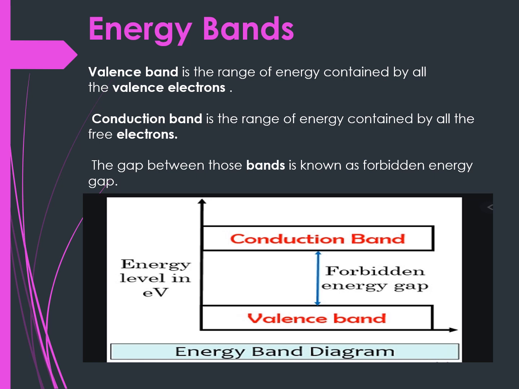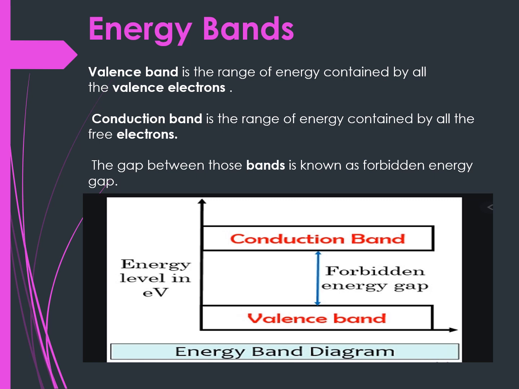Now, what are these valence electrons? Valence electrons are the bound electrons. Those electrons which are bound are known as valence electrons. So the wide energy possessed by these valence electrons is called valence band.